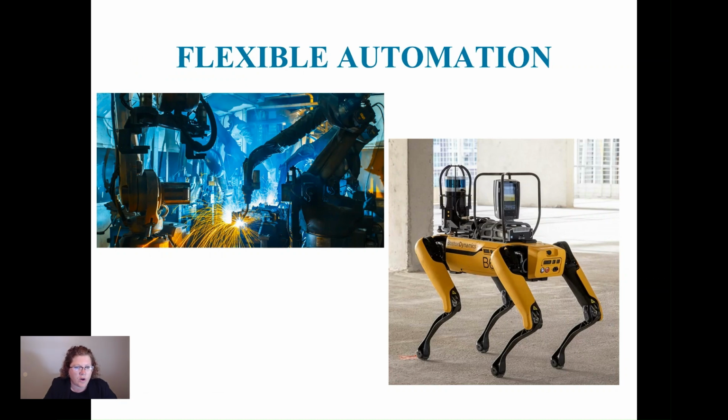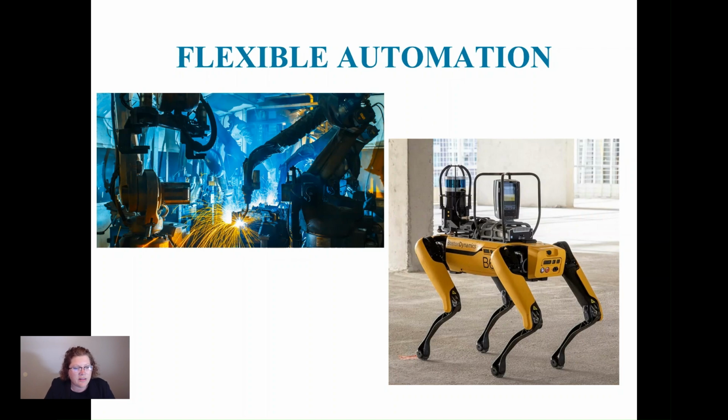So, you have, in the upper left hand picture here, welding robots that can be programmed to do different types of welds. You have Spot from Boston Dynamics that can be programmed to do a wide variety of tasks or monitoring across different industries.